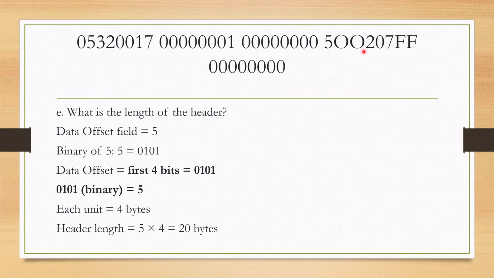Now first we have to understand what is meant by data offset. In TCP, the header length is not written directly in bytes. We need to find the length of the header, right?